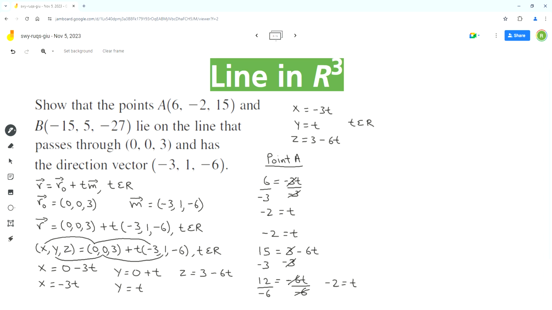So I get t equals -2 from the z equation. So that proves that point A lies on this line because we get the same value of t from the x, y, and z equation.